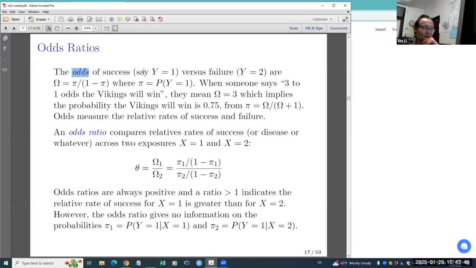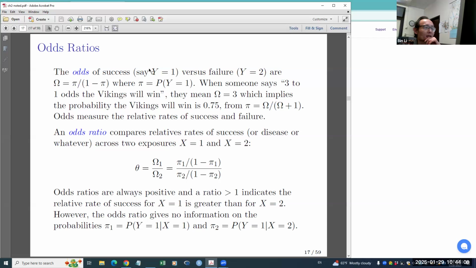Since y is binary, we can have two possible values, y is 1 and y is 2. Let's say success is 1, failure is 2. Then pi over 1 minus pi is the odds of success.